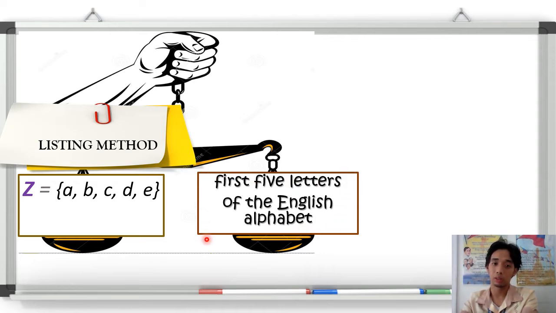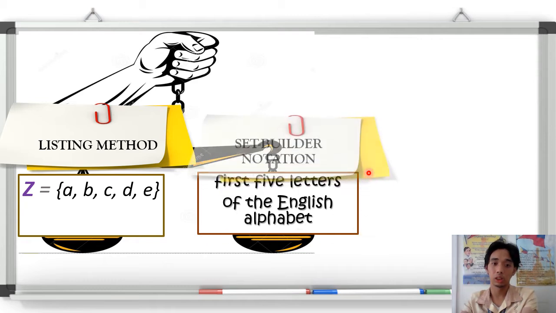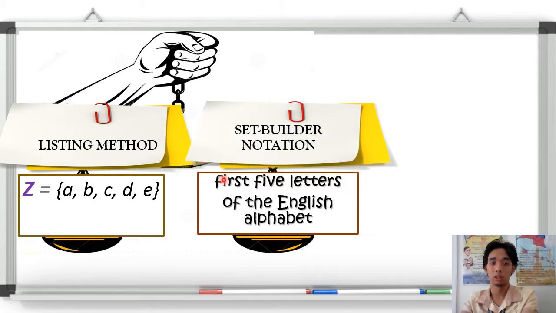This method of writing is called set builder notation. So we have the listing method, in which we list down every element of our set and put them inside the curly brackets, and set builder notation, in which we describe the qualification for the elements to belong to our set.